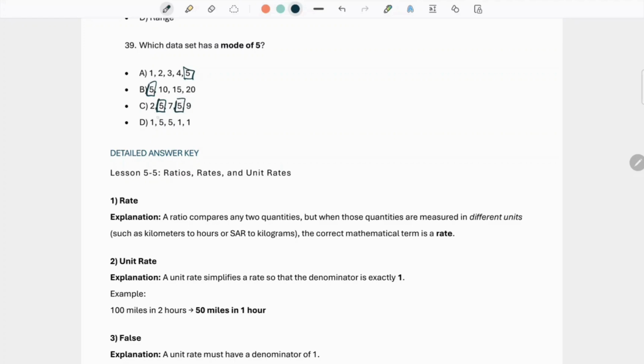Oh wow. And 2 5s here. So which one do I choose? Is it C and D, or is it just C? Oh, the mode is not 5 for D because it has 3 1s. So the mode here would be 1. Let's just put equals 1. And the mode here is 5. So the answer is C.